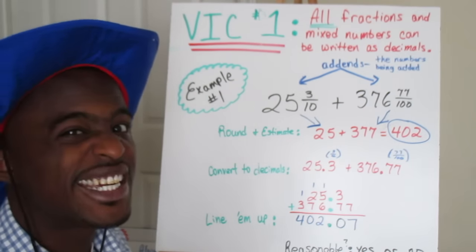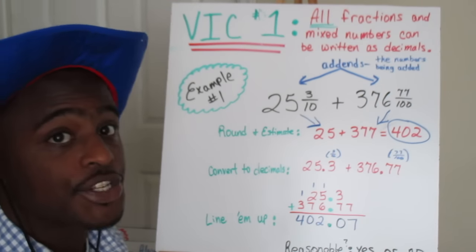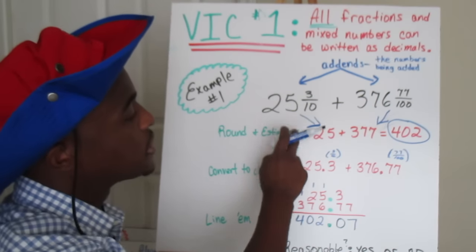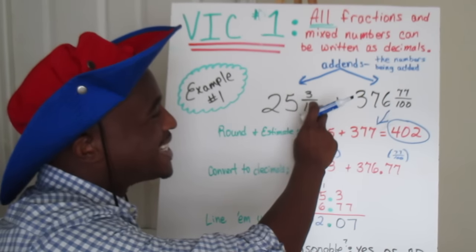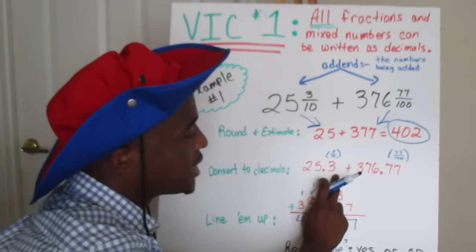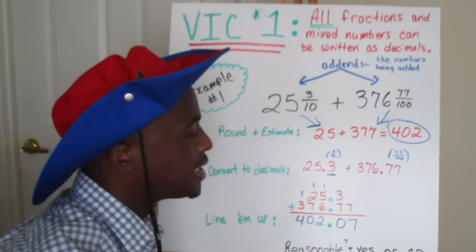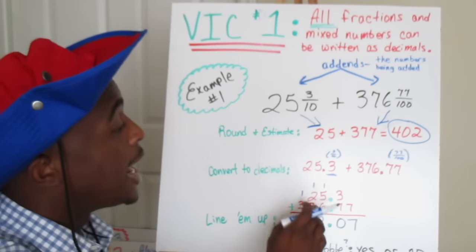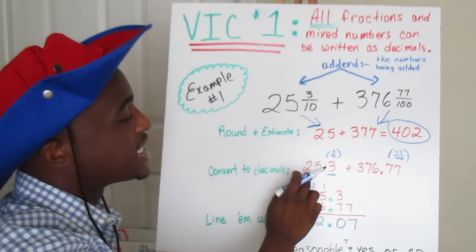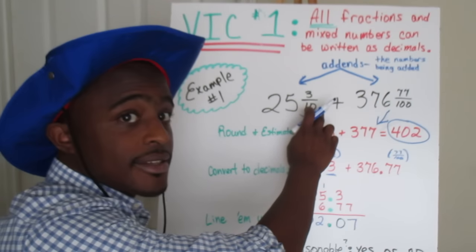All right, so that's just an estimate. That's my educated guess. Now, when we convert our mixed numbers into decimals, if you notice 3/10, we can write that as a decimal because this decimal place is in the tenths place. That lets me know that it's 3/10, and we read these two numbers exactly the same. This is 25 and 3/10.